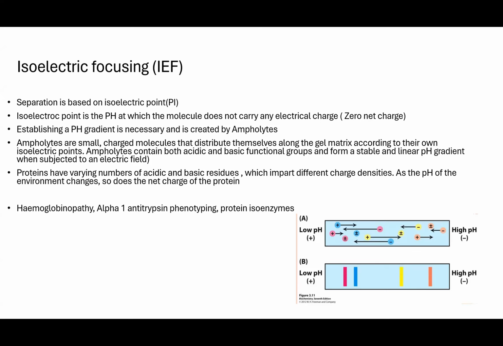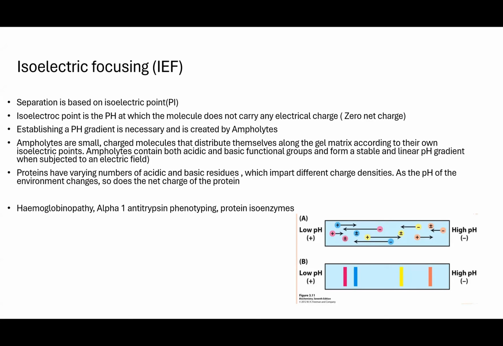So it's really important in isoelectric focusing that you establish a pH gradient. As I mentioned in previous slides, proteins have varying numbers of acidic and basic residues. As the pH of the environment changes, the net charge of the protein changes, and they move until they reach their isoelectric point. And that's how they get separated.